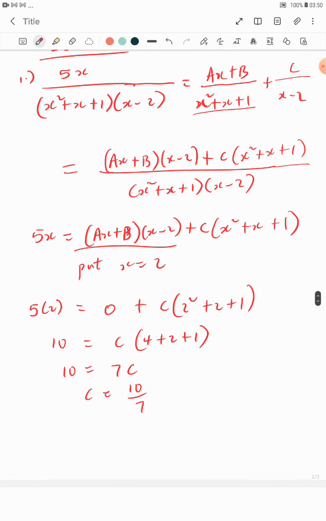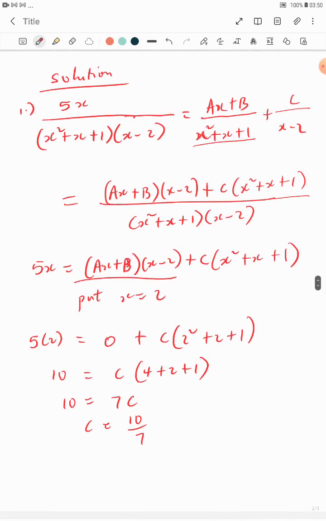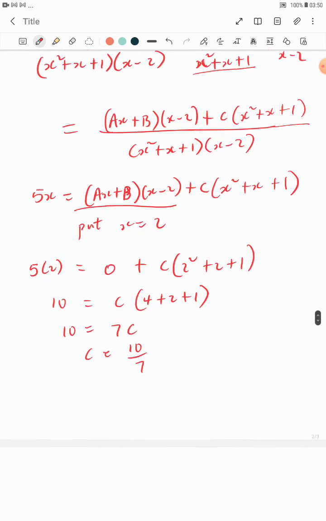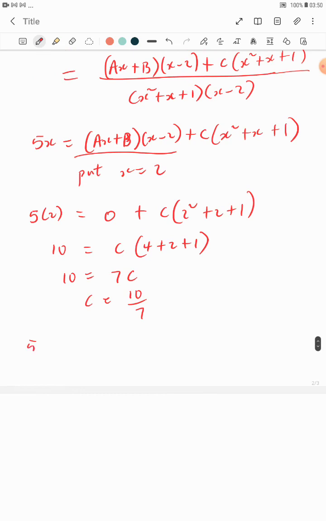Now for a and b to be gotten, we may have to actually do a longer expansion. So let us expand 5x equals (ax plus b) bracket x minus 2, plus we have our c bracket x squared plus x plus 1.